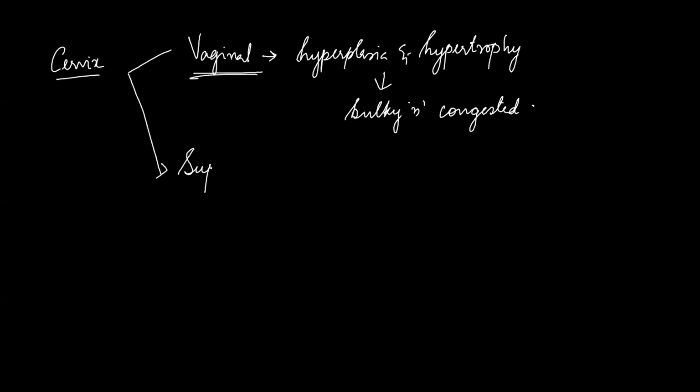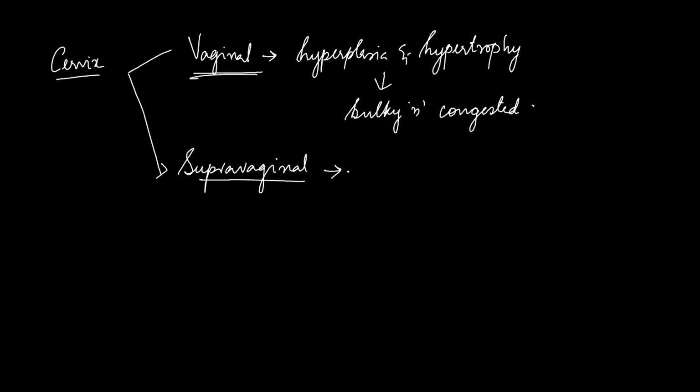Next one, coming to the supravaginal part. I repeat, supravaginal part. Basically, it will become elongated due to strain imposed by the pull of the cardinal ligaments. Now, cardinal ligaments, what do they do? They try to keep the cervix in position. But due to the strain, the prolapse is trying to occur.